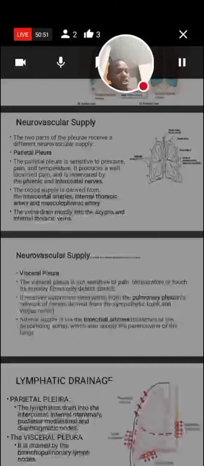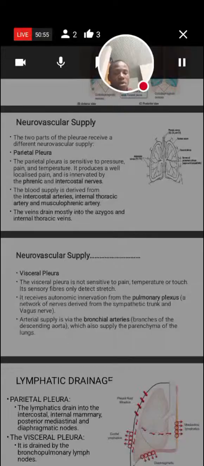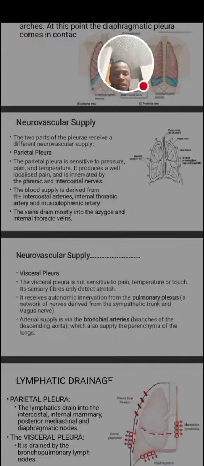Then the nerve, we said, it is the phrenic nerve, and which other nerve? Intercostal nerve.